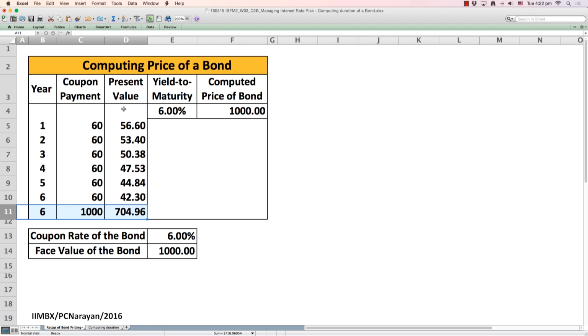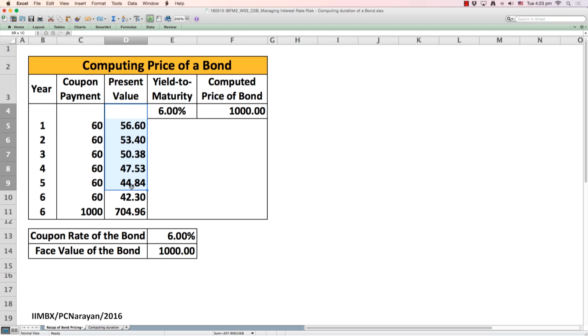Now, this column is the present value of all of these cash flows that will happen in year 1, 2, 3, 4, 5, 6. So how did we arrive at this? 60 divided by 1 plus 0.06 to the power of 1. So that's how we arrived at that figure of 56.60.